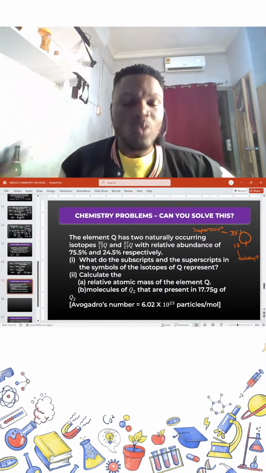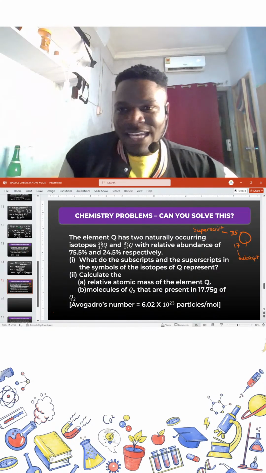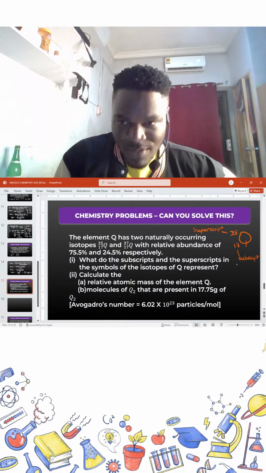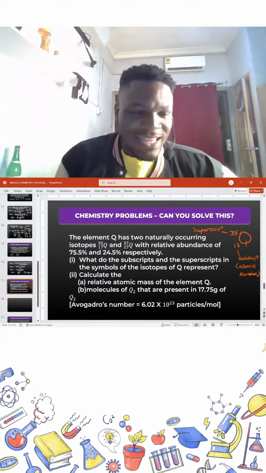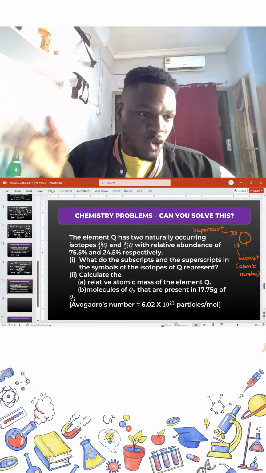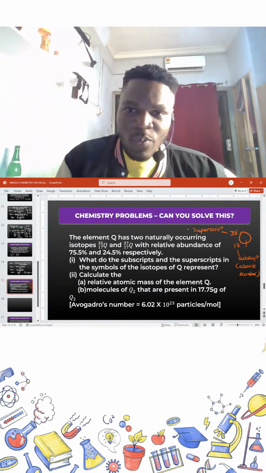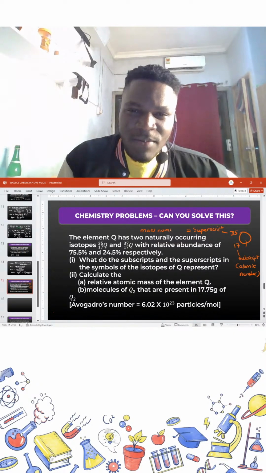Now, we all know that the one at the bottom is the atomic number. That is the number of protons present in that particular element. Now, the one at the top, which is the superscript, is what we are calling the mass number.